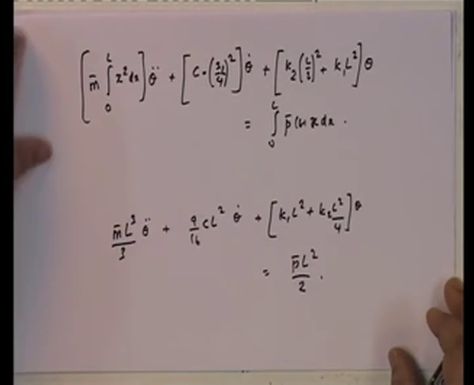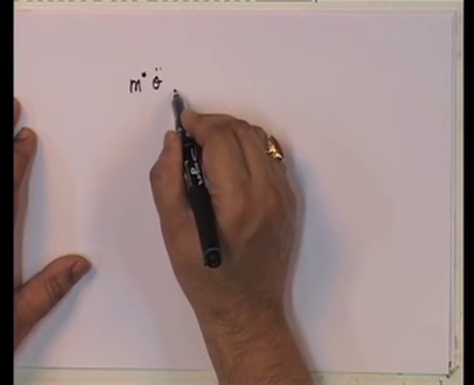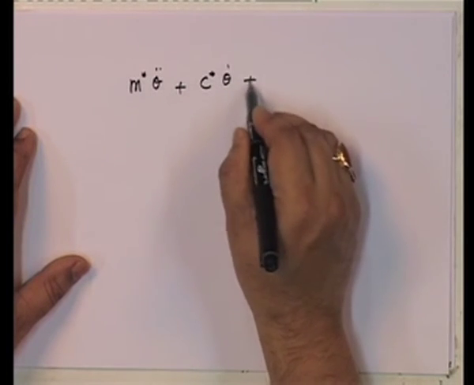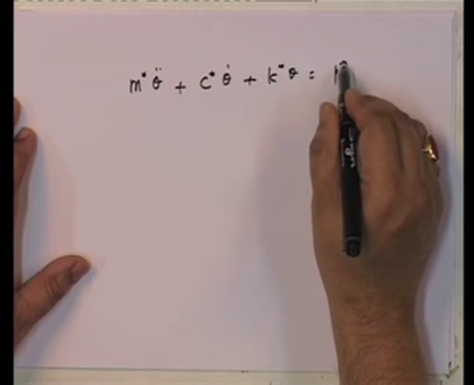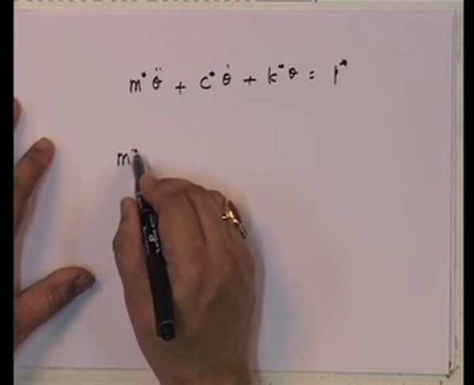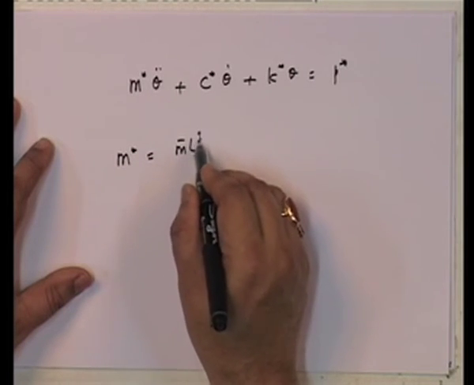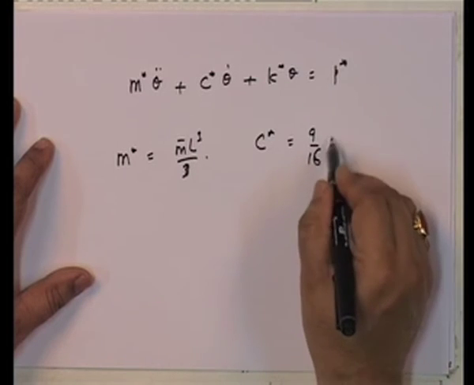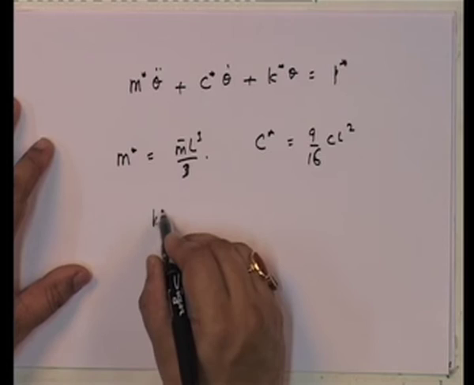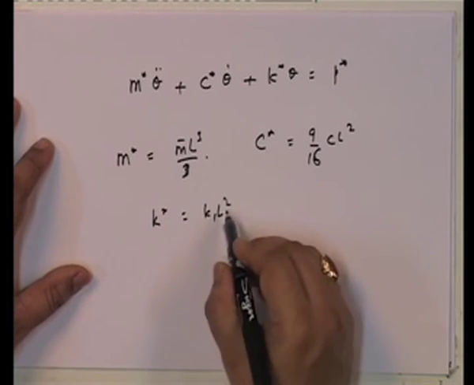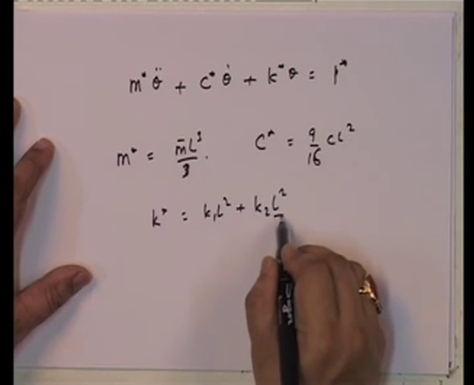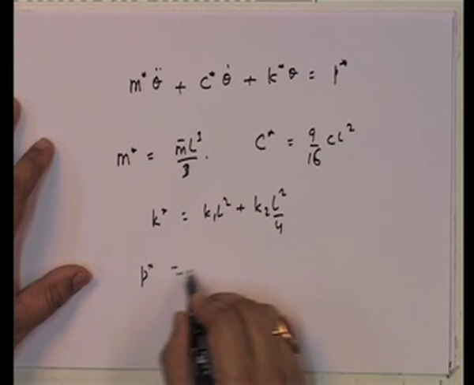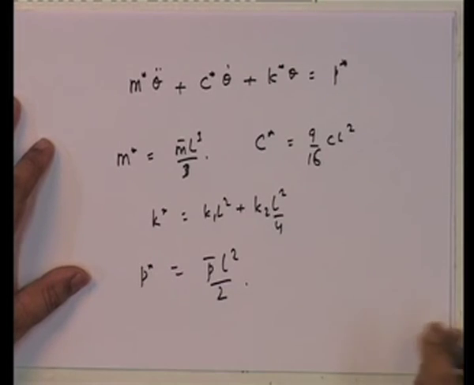So, I can rewrite this problem in the following format: M star theta double dot plus C star theta dot plus K star theta is equal to P star, where M star is M bar L cubed by 3, C star is equal to 9/16 C L squared, K star is equal to K1 L squared plus K2 L squared by 4, and P star is equal to P bar L squared by 2.